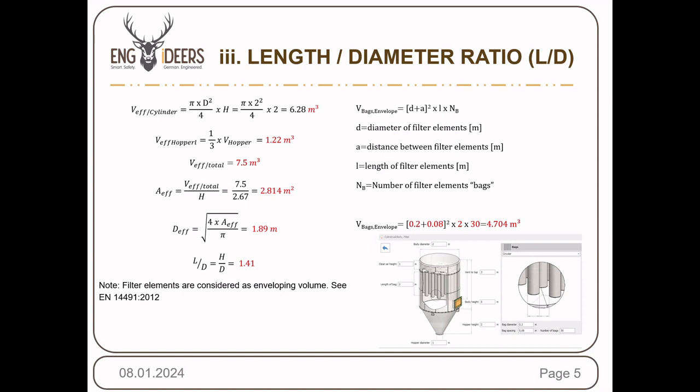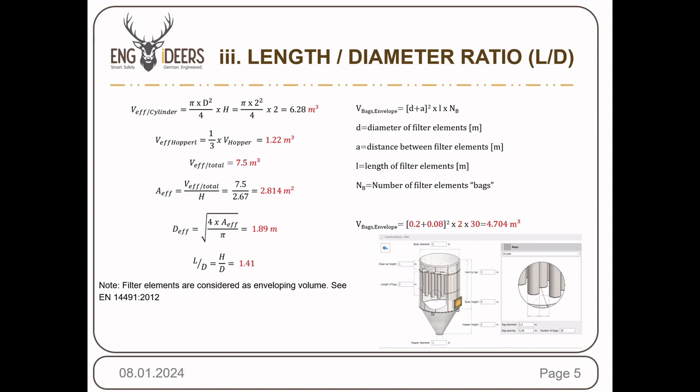That's why the length over diameter ratio can be reduced by using 1/3 of the hopper volume for the calculation of the effective volume of the hopper. So that means that in total an effective volume of, in this case, 7.5 cubic meter is used in this calculation.